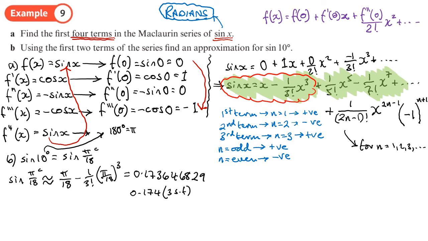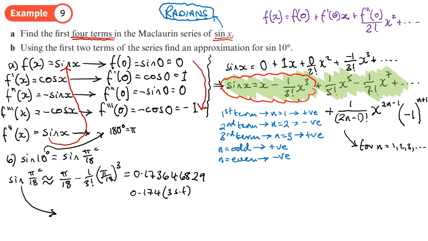Now I'm actually going to work out what the sine of pi over 18 actually is and compare it to my answer. The question doesn't ask me to do it, but I'm just interested to see. So making sure my calculator is now in radians. It didn't need to be in radians for the last bit because I wasn't working the sine, cos or tan of anything out. So let me now do the sine of pi over 18 and see what happens.